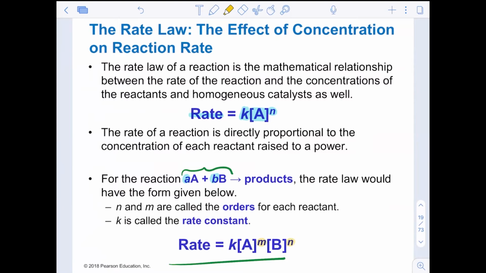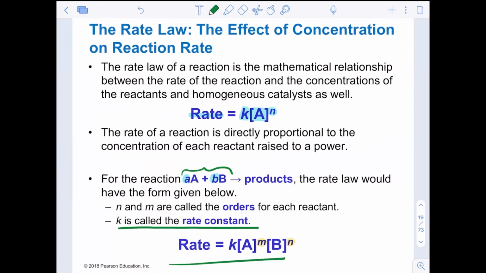There's only one occasion when we actually can use the balanced equation to construct the rate expression for the rate law, and we will discuss that when we get into mechanisms in just a few days. k is also important. k is the rate constant, okay? And that rate constant is specific to a reaction.